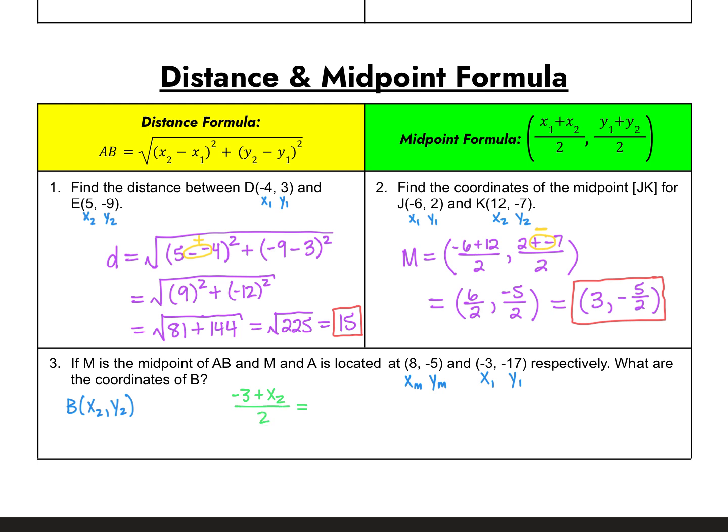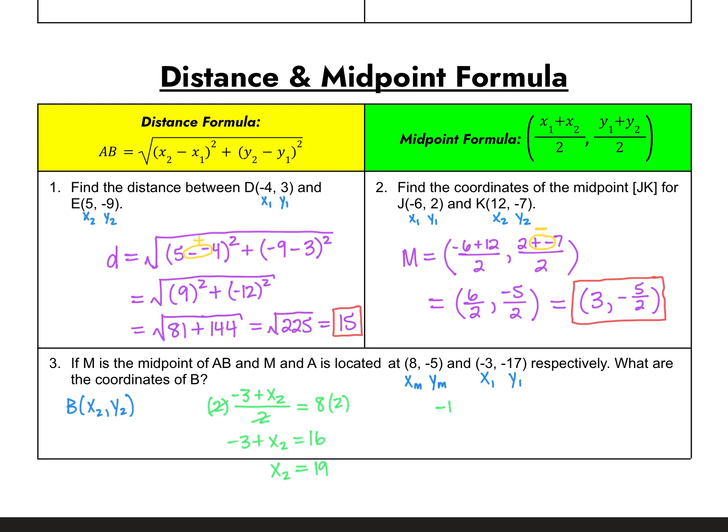Divided by 2 is going to be equal to the x value of the midpoint, which is 8. So when I do that, I'm going to multiply both sides by 2, and I end up with negative 3 plus x2 is equal to 16. And then I need to add 3 to both sides. So I get x2 is going to be equal to 19.